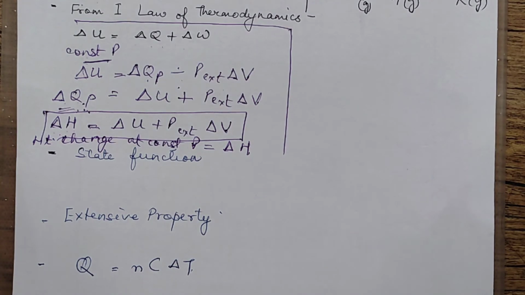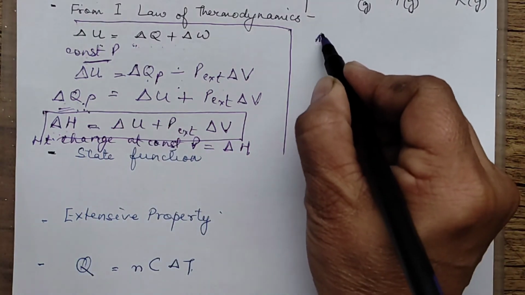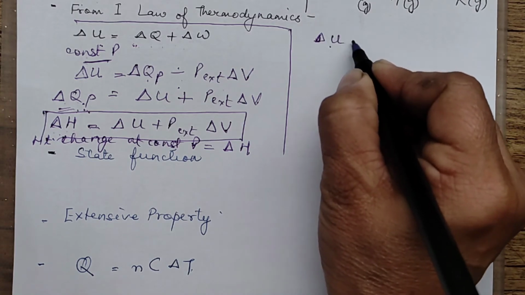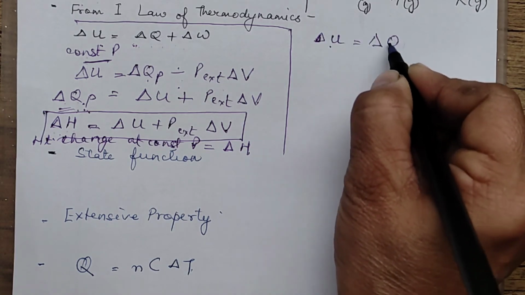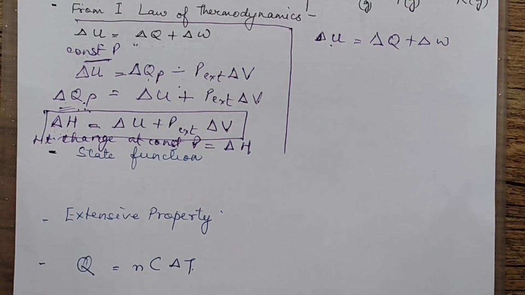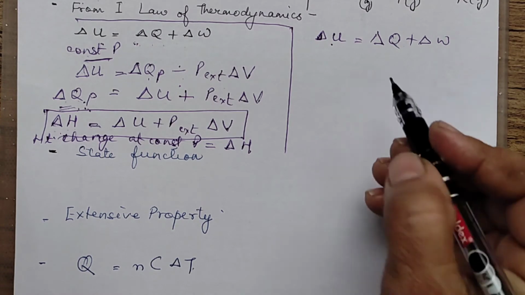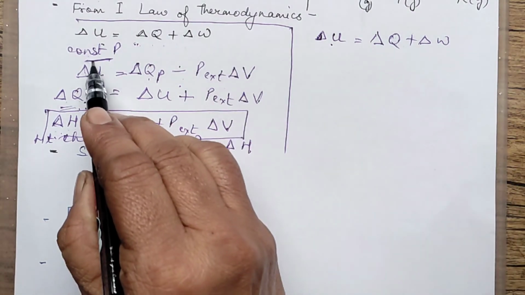Now, another important thing. You remember in the last video we discussed the first law. We have written this formula: delta U is equal to delta Q plus delta W. Now we will open this up. Here we wrote it for constant pressure.